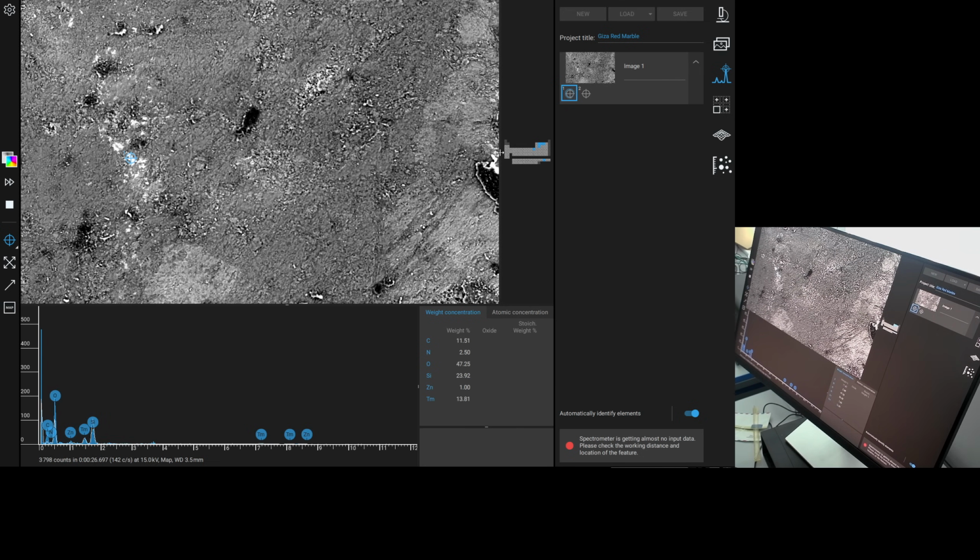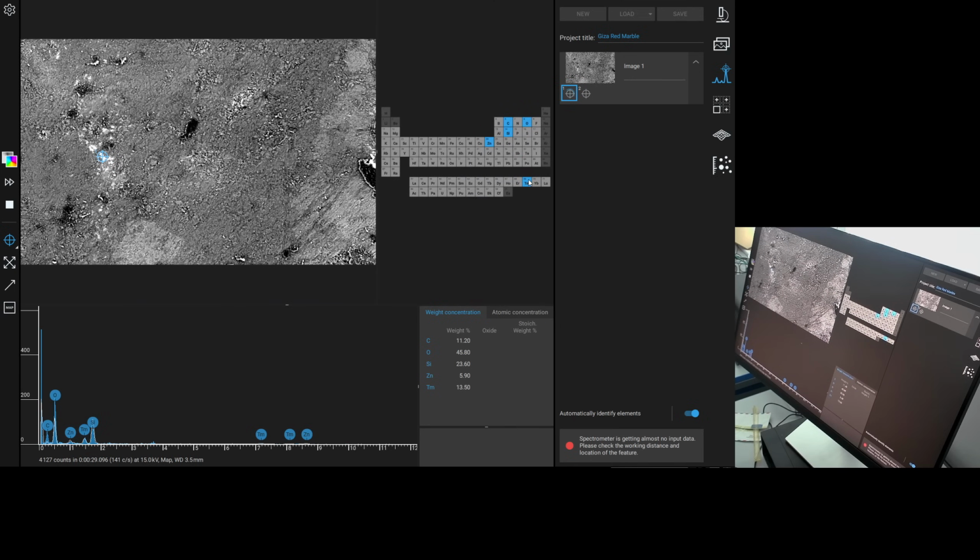I don't think that's technetium, thulium, rather. Silicon, oxygen, aluminium, carbon. Kind of what you would expect.